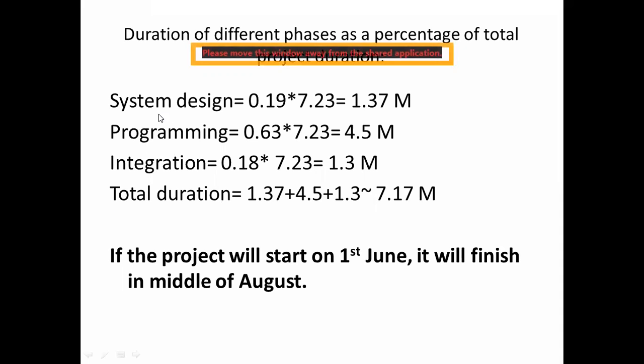Three phases are given: system design, programming, integration. And you have to choose these values from the particular columns as per the total size of the project. Here the size of the project is 3 kDLOC.